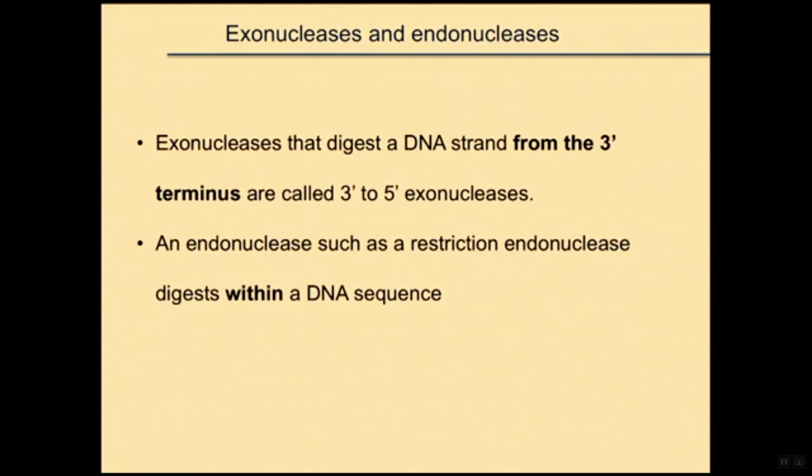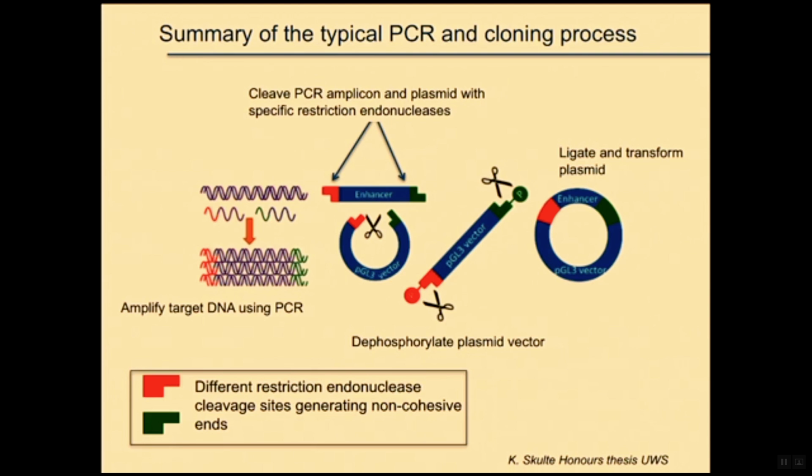Okay, and so we've talked about the fact that exonucleases chew from the 3' end, and endonucleases chew from within a sequence, which are your typical restriction endonucleases. And so this is essentially a summary of what you do in a PCR, in a whole cloning process.